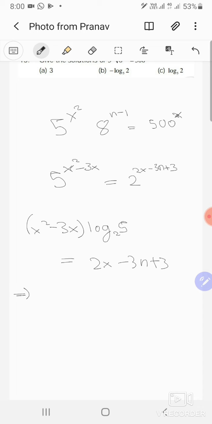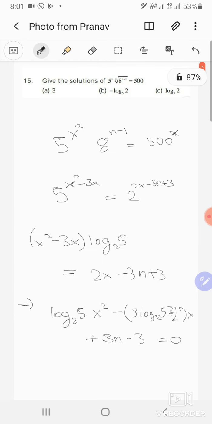So that gives me log base 2 of 5 times x squared, and then minus 3 times log base 2 of 5 plus 2, times x. And then the remaining constants, which is 3n minus 3, equals 0.